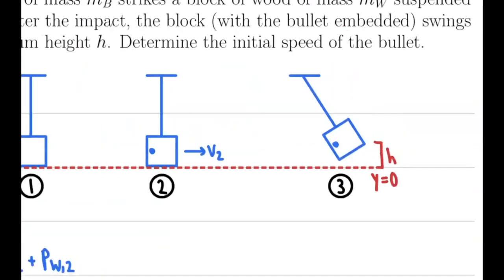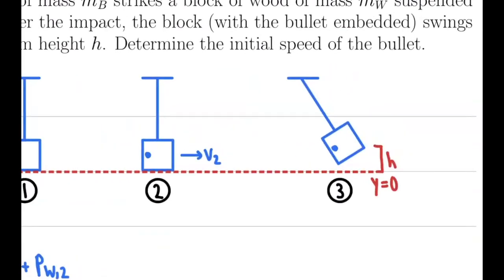And why not? Because the net external force is not 0. As the block swings, the force of gravity and the string tension don't cancel out when the string is inclined. So since momentum's not conserved from 2 to 3, let's write an equation involving energy to find V2.